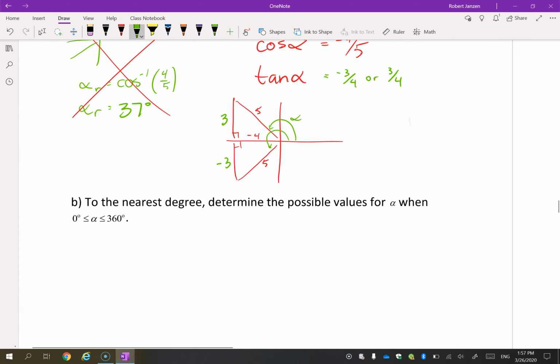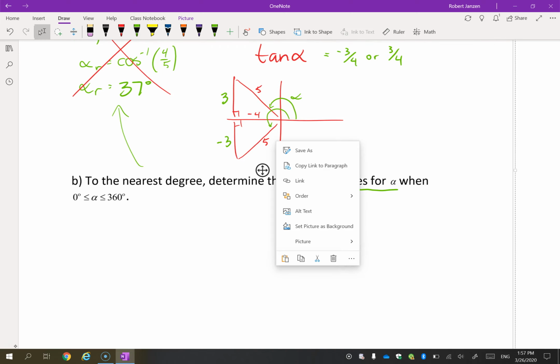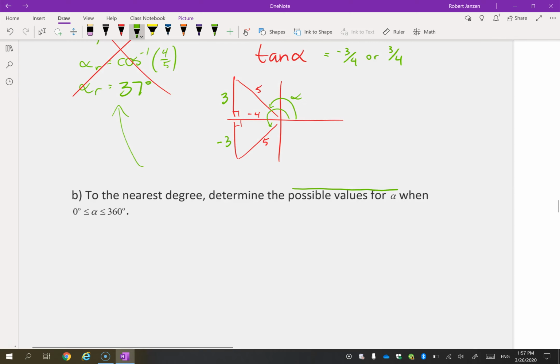Okay? Then part B says, to the nearest degree, determine the possible values for alpha. Well, now we're going to use what I crossed out here. All right, you're going to find the reference angle. And the reference angle is the inverse cos of 4/5. So the reference angle is 37 degrees.